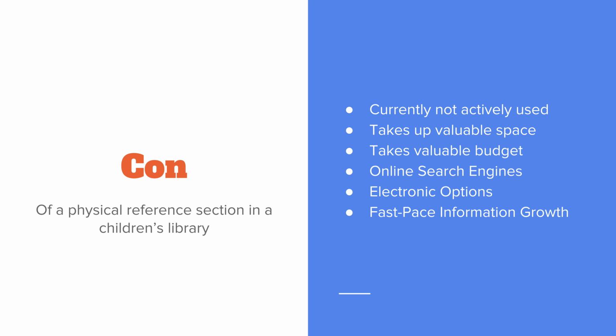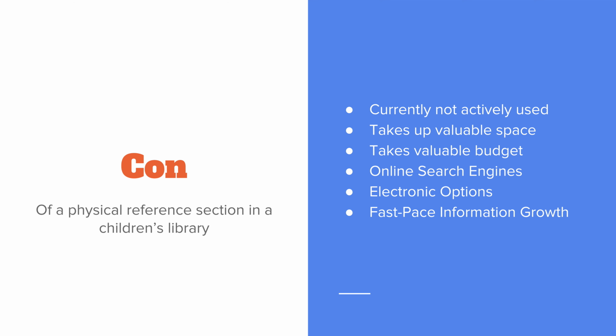But if you're a small school library, or you're just a library that doesn't have that type of money, then you have an outdated reference collection that's not being used because you don't have the monetary means to keep it active. So it takes up valuable budget. These books are not cheap, they're expensive, and they're not being used.